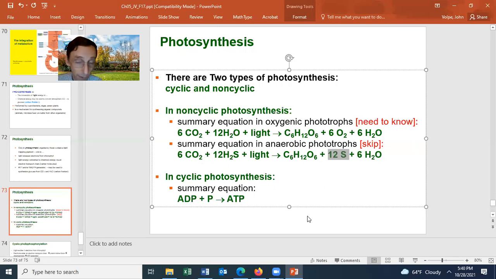To my knowledge, all photosynthetic cells can perform both photosynthetic reactions, meaning a green plant, when it needs glucose, will engage in non-cyclic photosynthesis. On the other hand, if the green plant cell needs ATP, it'll engage in cyclic photosynthesis.